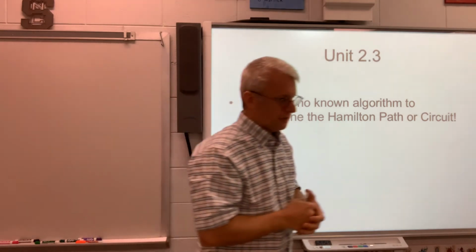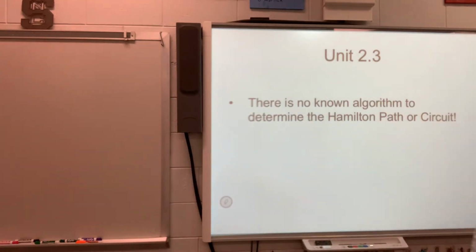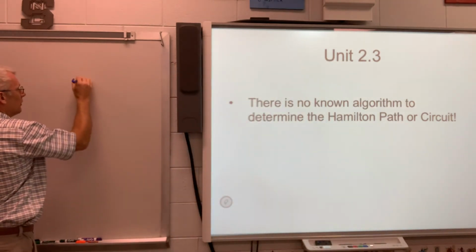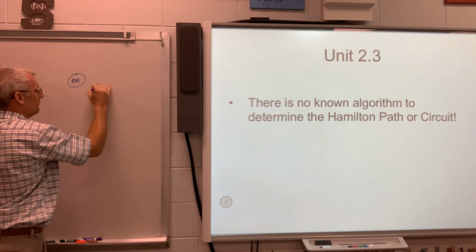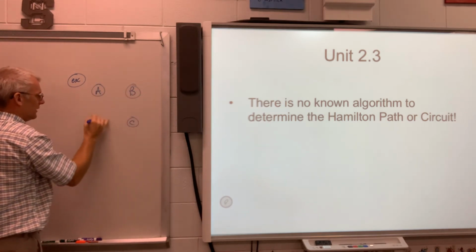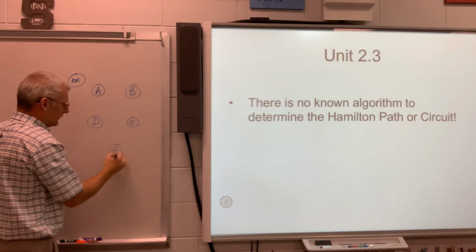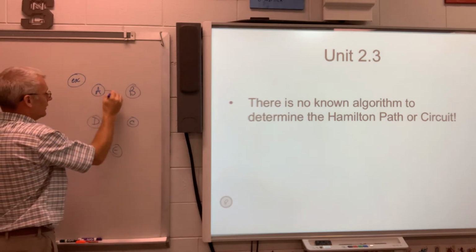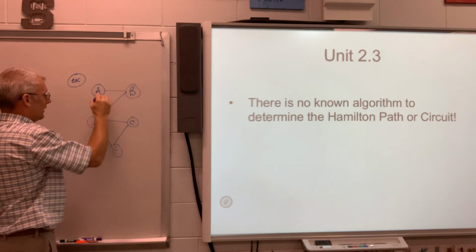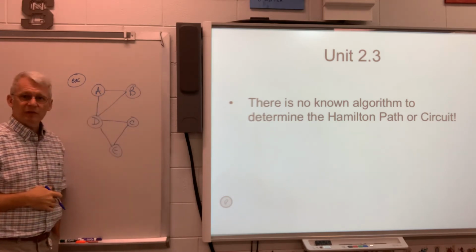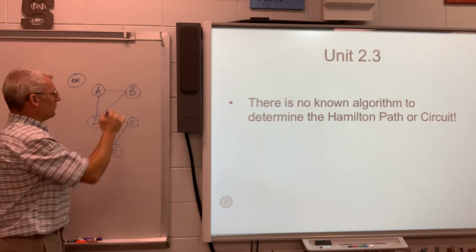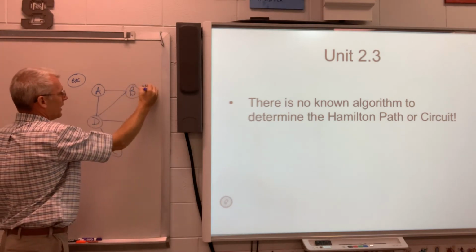All right. So let's talk about this real quick. So let me give a couple of examples. So for example, if I have A, B, C, D, and E, and I'd suggest writing these down. Okay. So let's say that I've got something that goes like this. Okay. So if you look and say, okay, where can I start? Well, I'm going to start at B, and you just got to play around with it.